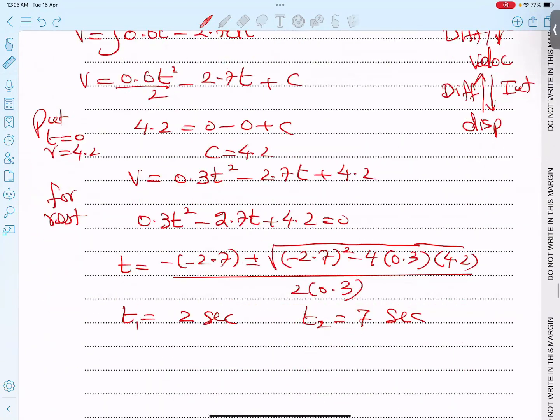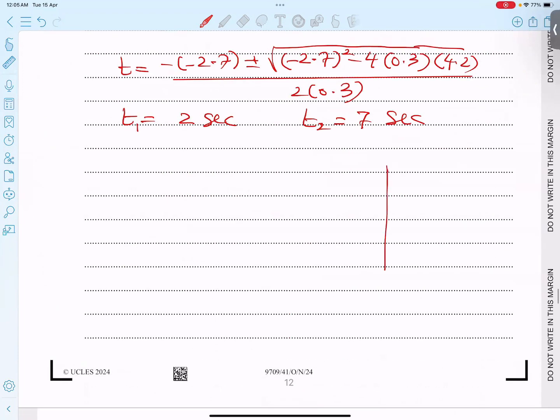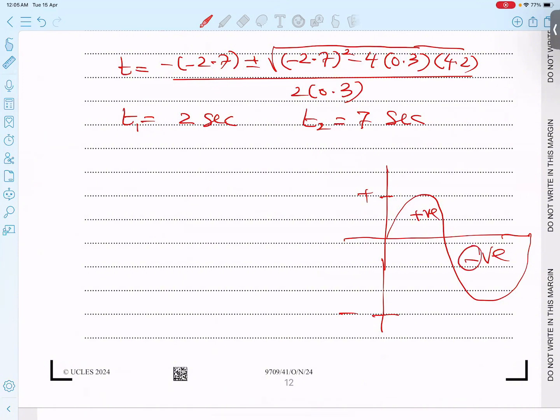When the particle is traveling going away, it is positive; coming back to the observer, negative. This distance is always positive and this distance negative. If you don't care about this negative sign, it will affect your answer.